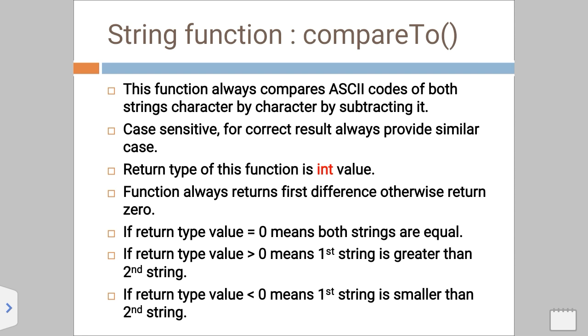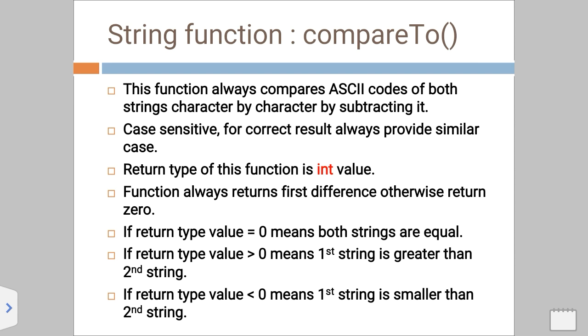And one more thing you have to remember, the function always returns the first difference, though we can have so many differences. For example, if I am taking Aman and Udit, the first string is Aman and the next string is Udit, the first difference we are getting is from A subtracted by U. If I am taking Ankit and Ankita, A common, N common, K common, I common, T common.